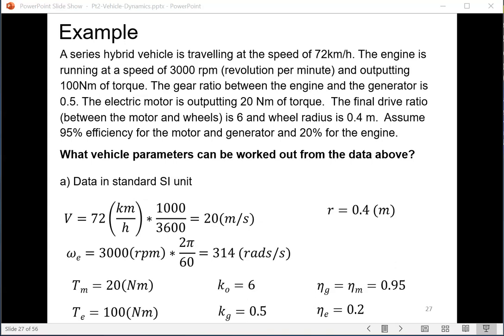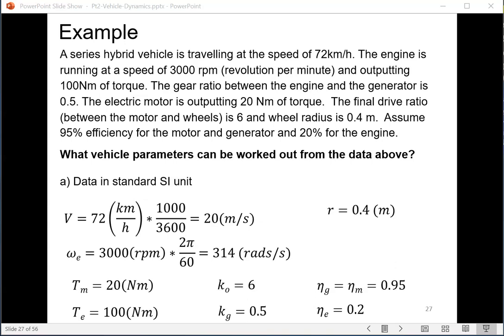Hour to second: 1 hour is 60 minutes, 1 minute is 60 seconds, so 1 hour equals 3,600 seconds. Because it's per hour, that's in the denominator, so I put 3,600 in the denominator.